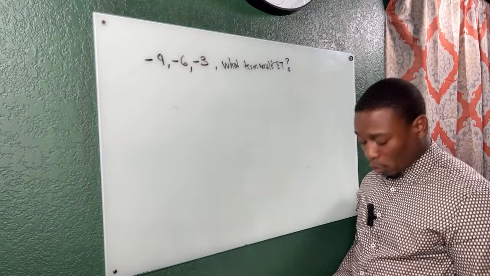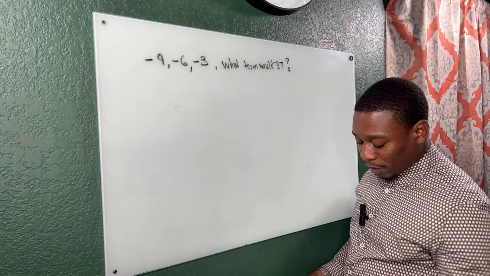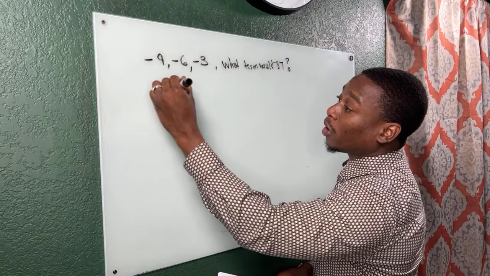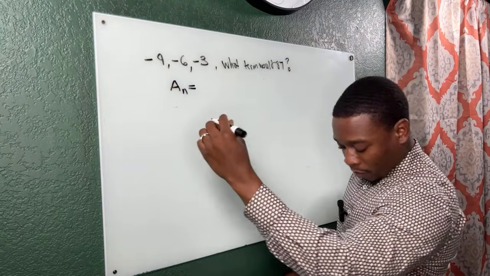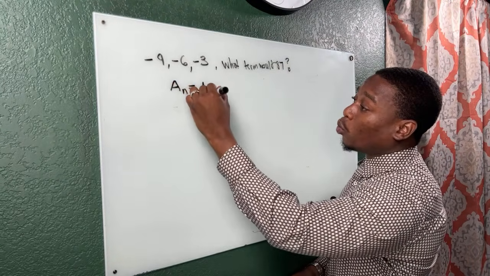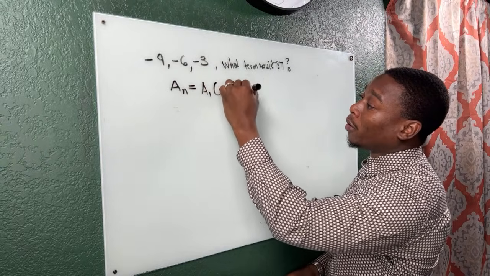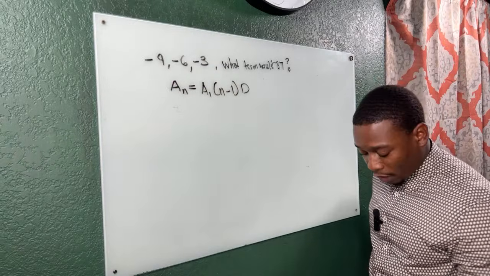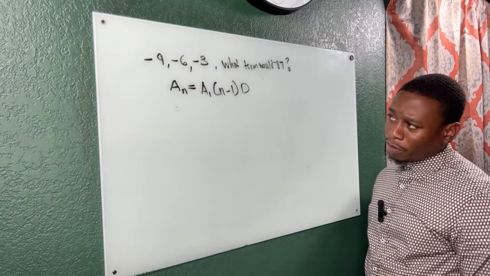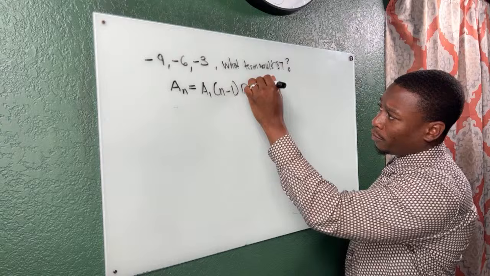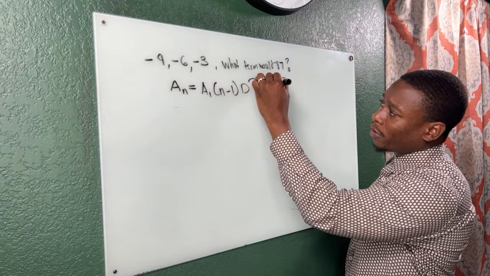So what we need to do is we have to know the explicit formula, right? So we're talking about a sub n is equal to a1 plus n minus 1 times d, and I'm just going to explain each part of it. So d, we know, is the common difference.